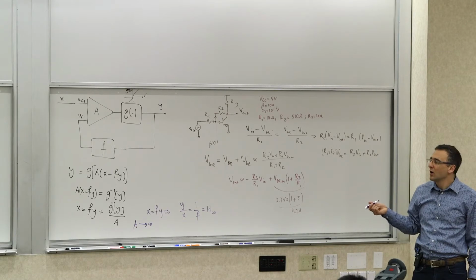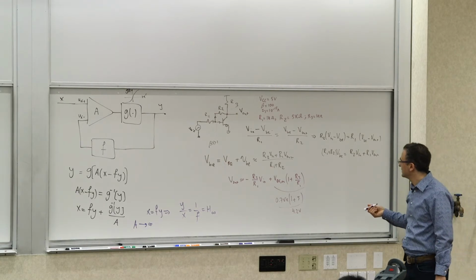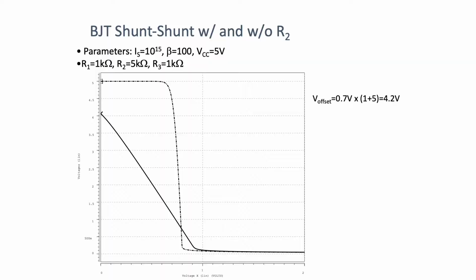Okay? Now, let's look at the simulation results. What you have here is the transfer function without R2, when R2 is infinity, and with R2. And when you compare them, you see that the transfer function with R2 is highly linear.